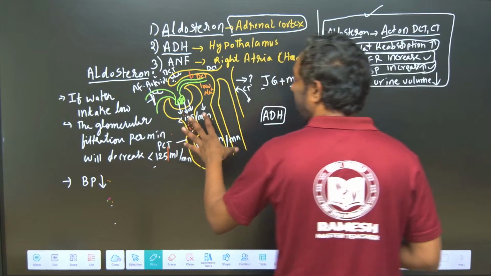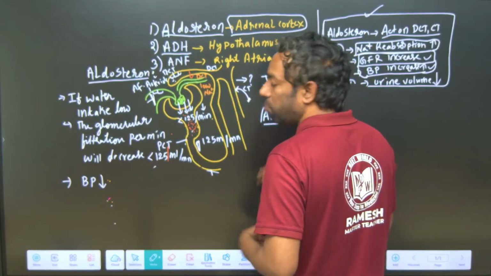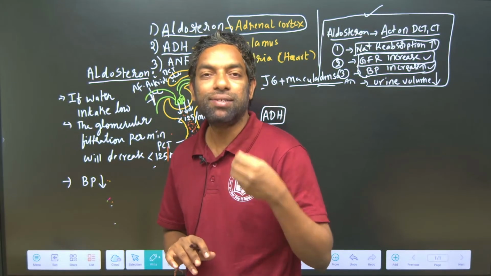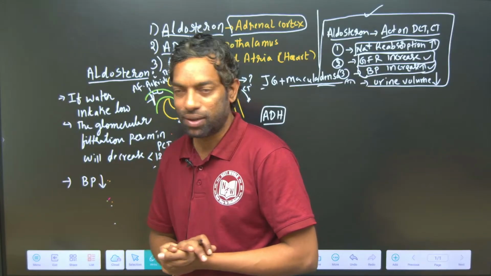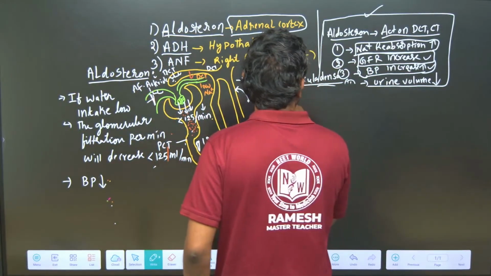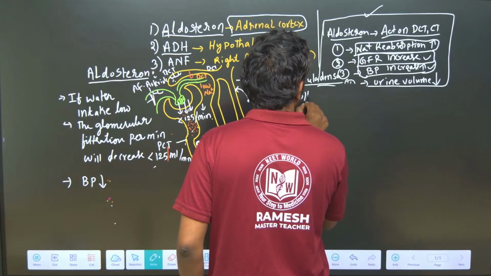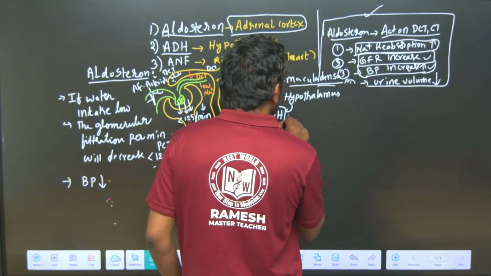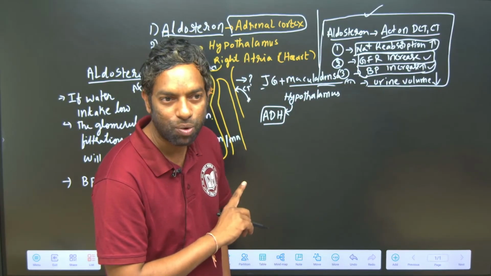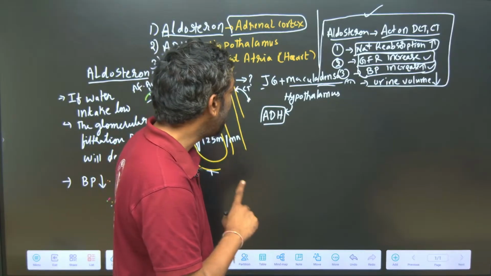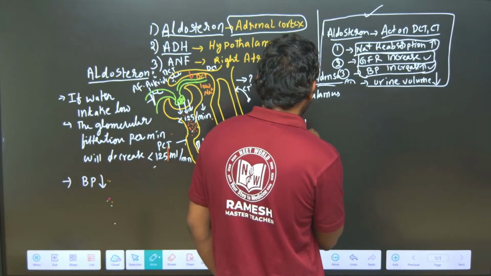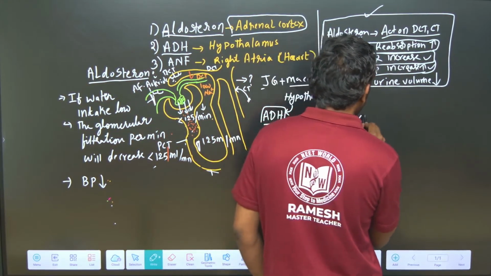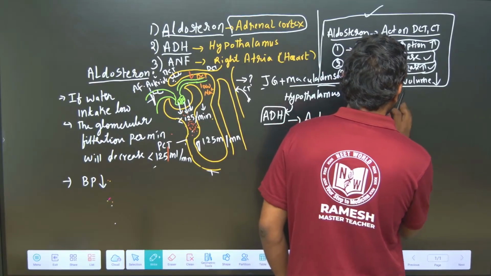In this condition, in our brain, the hypothalamus recognizes that the sodium volume has increased. The hypothalamus releases ADH hormone. ADH hormone acts on the DCT and collecting duct.